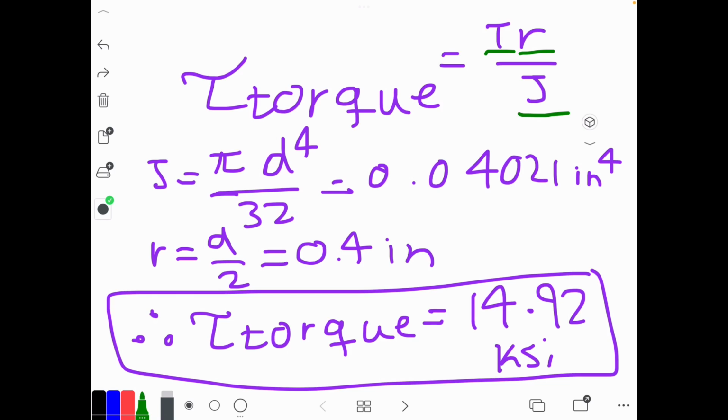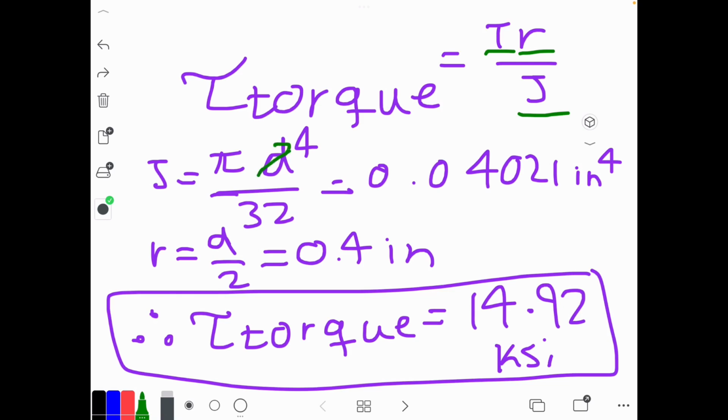We would have to subtract the diameters, the inner and the outer diameter, the diameter of the hollow section and the diameter of the part itself, and then multiply that by pi over 32. But here we can just assume that we have a solid round section, which is kind of given to us by the drawing. So we're going to do pi times d to the 4 over 32.